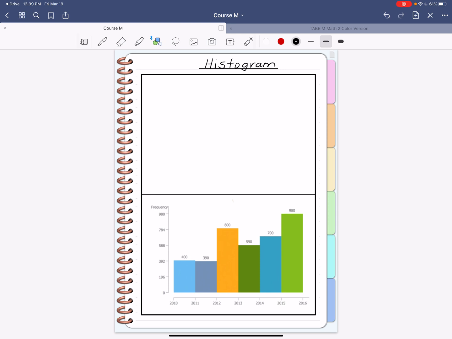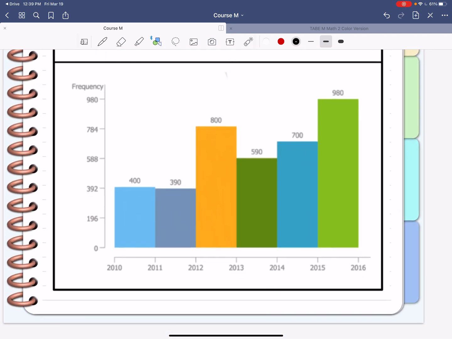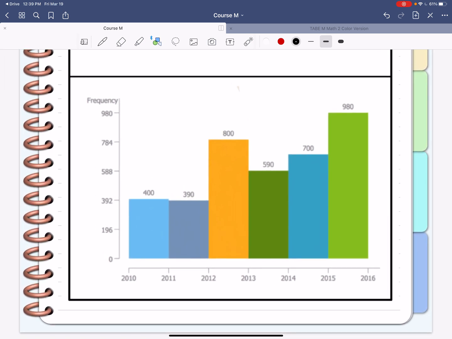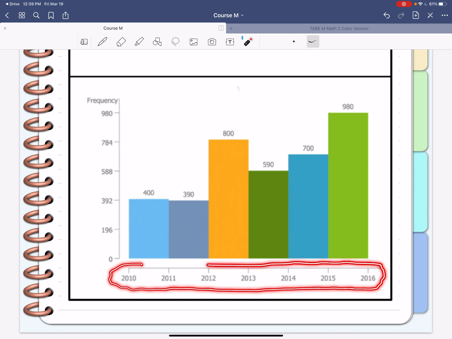Okay. So what we're looking at here, let me zoom in on the graph itself for just a minute. On the y-axis, we're looking at frequency. And on the x-axis, we are looking at years. Okay?